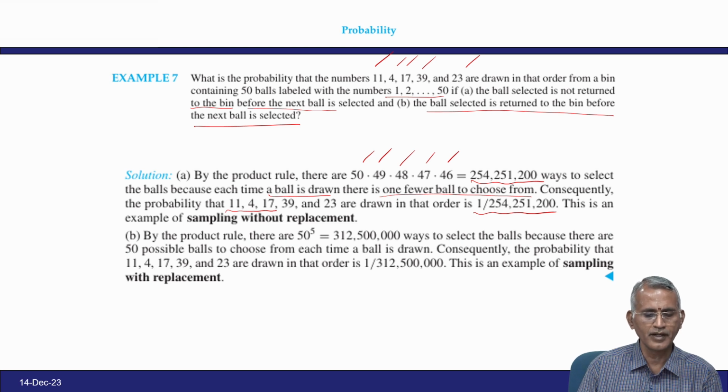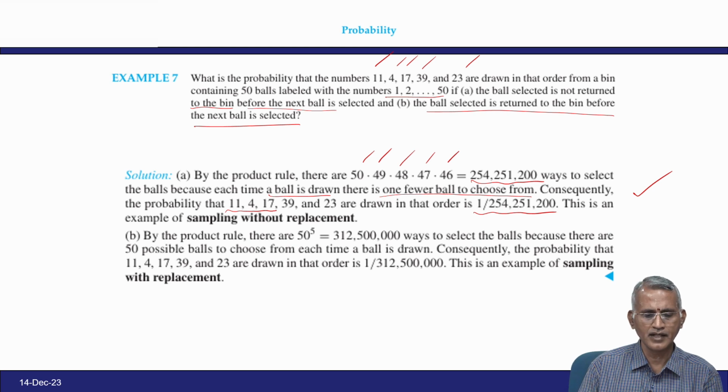Consequently, the probability that 11, 4, 17, 39 and 23 are drawn in that order is 1 by the total number of outcomes. This is an example of sampling without replacement.